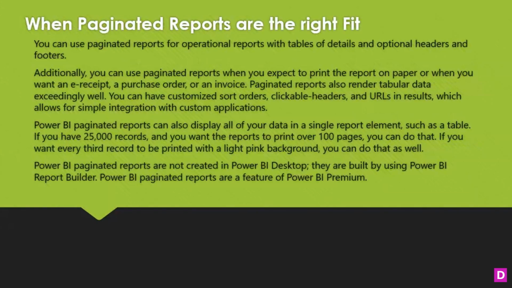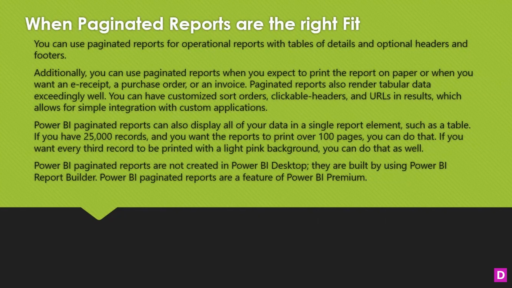These are some scenarios where paginated reports are the right fit. You can use paginated reports for operational reports with tables of details and operational headers and footers, something we create in Word or maybe a PowerPoint report where we have headers and footers. It makes it perfect for this as well.